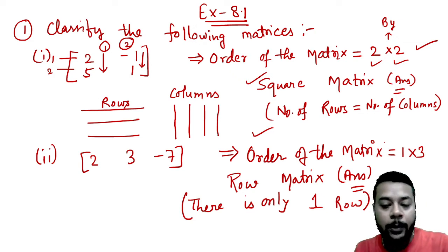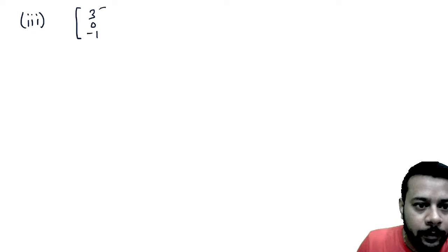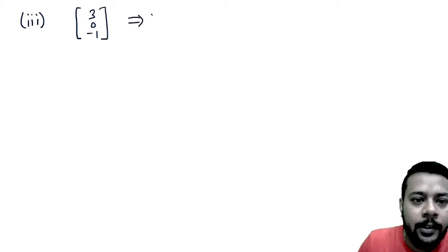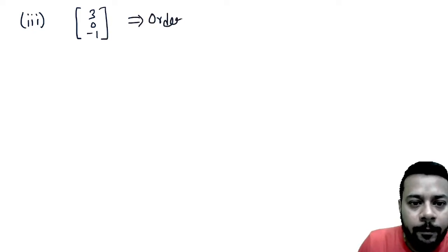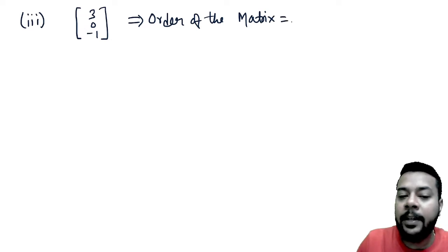Moving to the next sum now. Subpart 3. 3, 0, -1. So once again, if you notice the order of this matrix, what is the order of the matrix here, students?